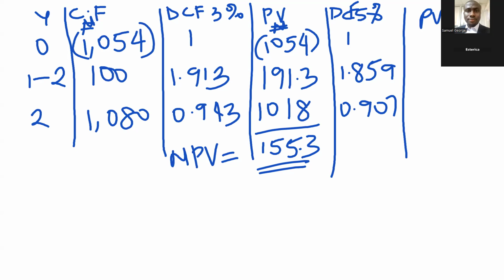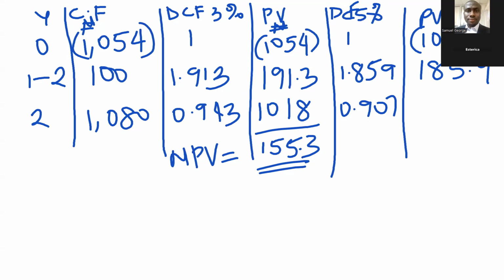So our PV would be minus 1054. Then you now say 1.859 times 100. I got 185.9. Okay. Then we have 0.907 times 1080.